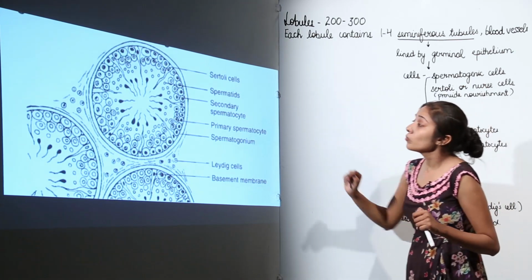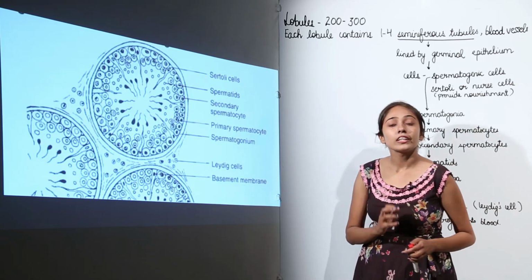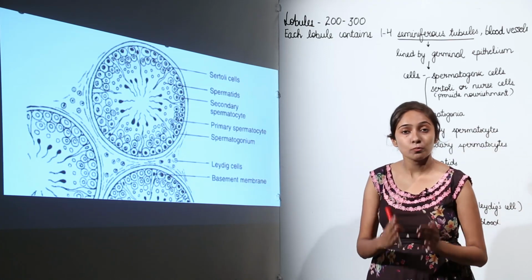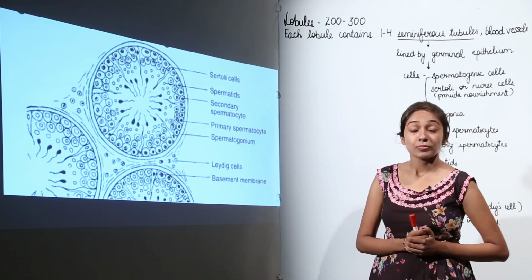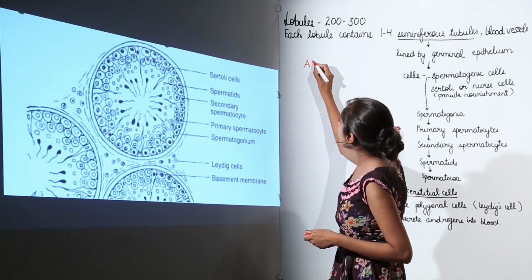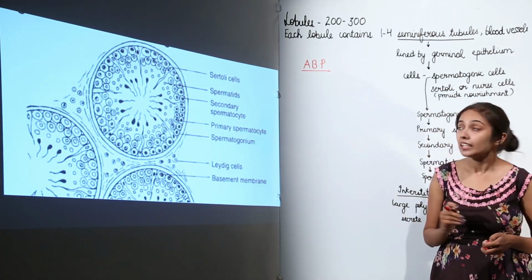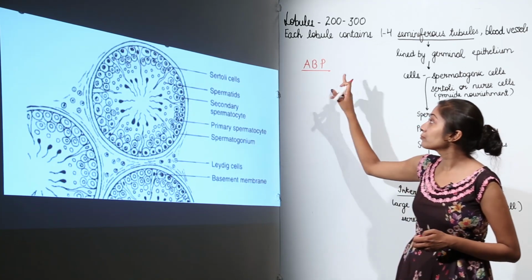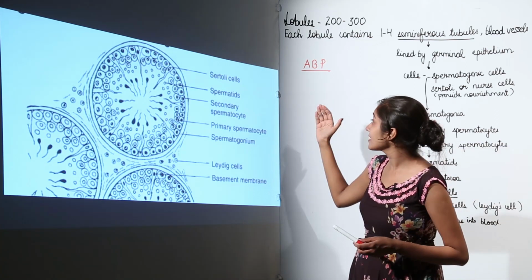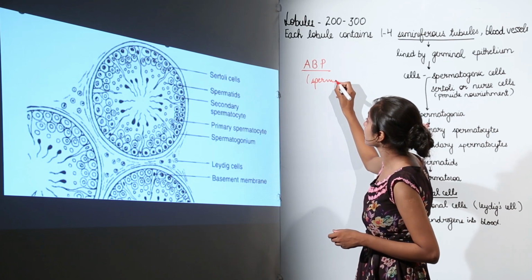First of all, let us see what is the function of these Sertoli cells or nurse cells. Sertoli cells or nurse cells provide nourishment to the growing spermatozoa. Plus, they also secrete ABP, that is androgen binding protein, which helps in spermatogenesis.